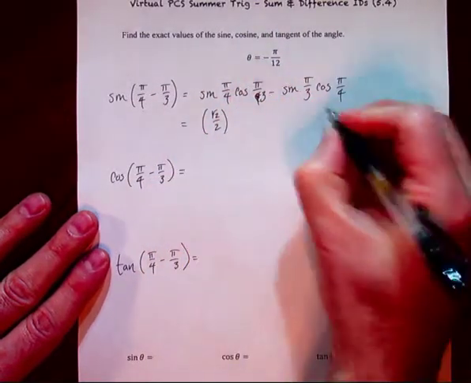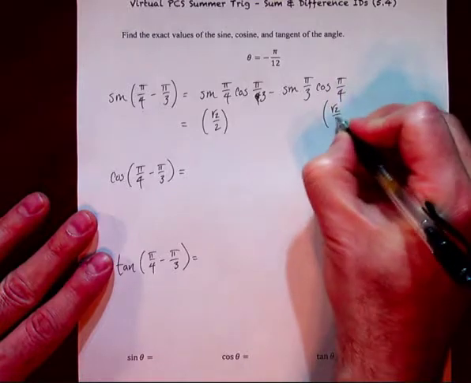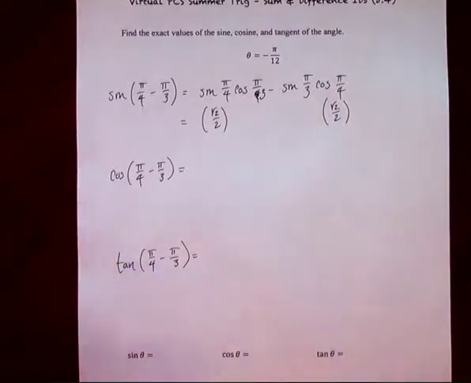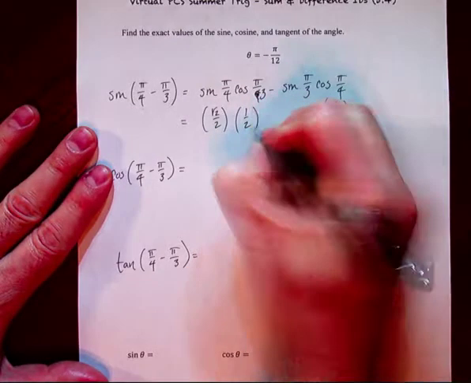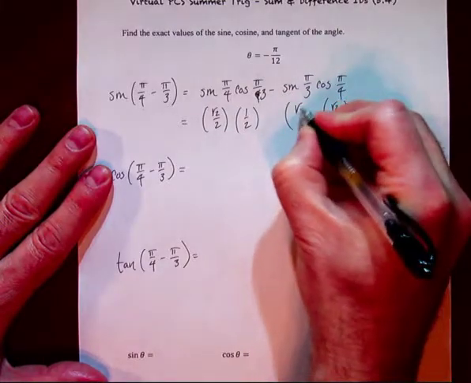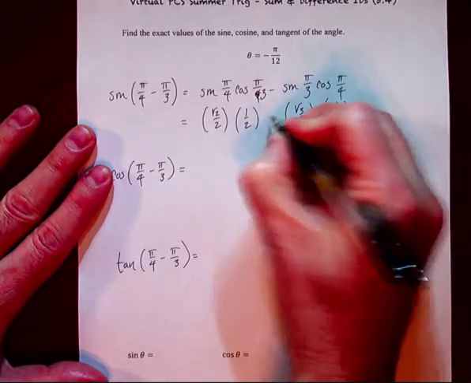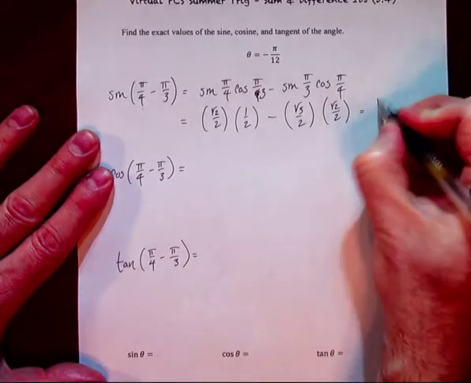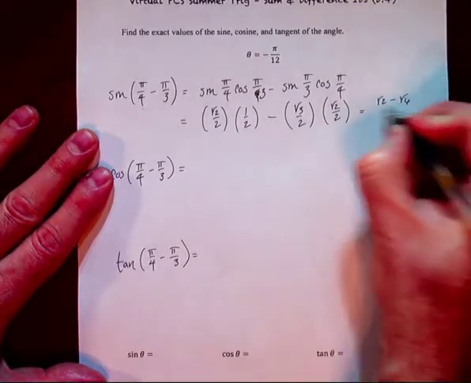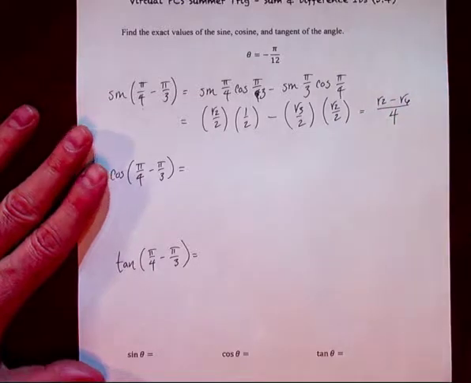Obviously, the ones that shouldn't take too much thought are the pi over 4, pi over 3 and pi over 6, especially when you're dealing with reference angles, you're like, okay, which one is 1/2 and which one's root 3 over 2? Well, for pi over 3, it's the cosine that's 1/2, and it's the root 3 over 2 for the sine. It's a difference right there, and we're going to get root 2 minus root 6 over 4.